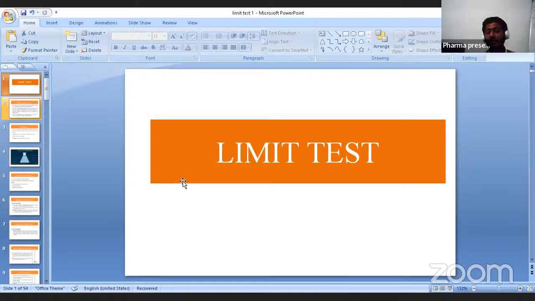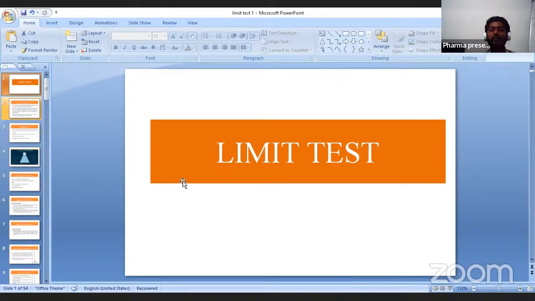So what is the major role of all these limit tests? Why are we doing them? Because these chemicals, when they are inside our body, cause toxicity and a lot of complications if they are beyond the limit. So that is why we need to check and control these metals or ions, which have to be kept within the limits.